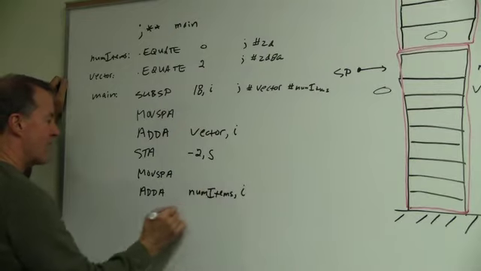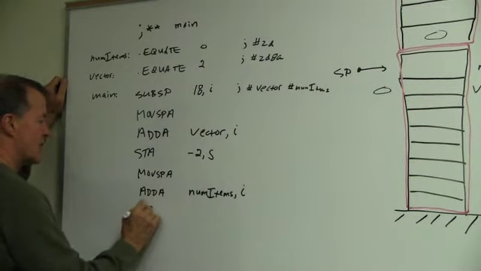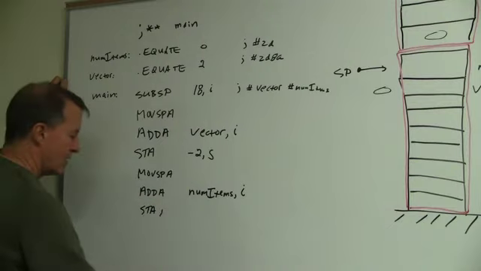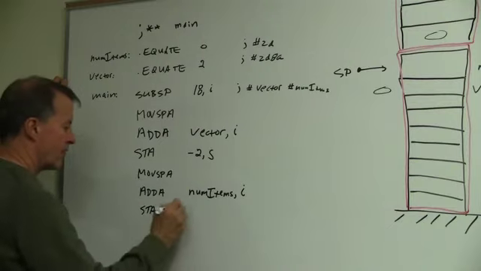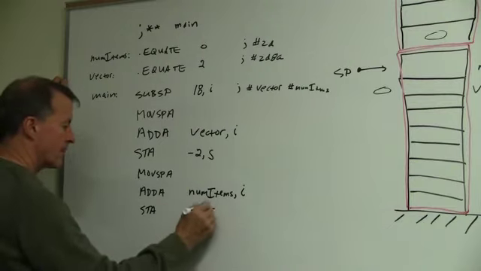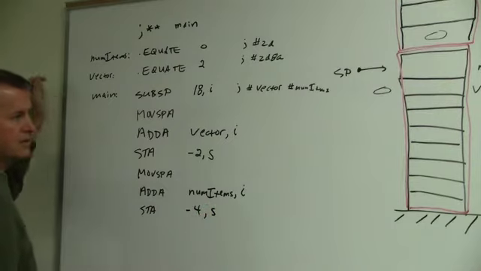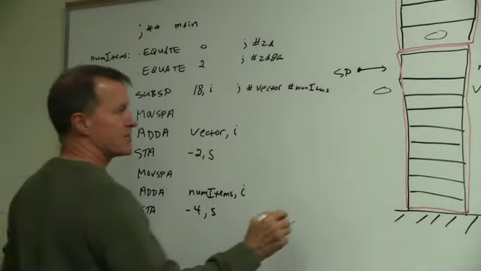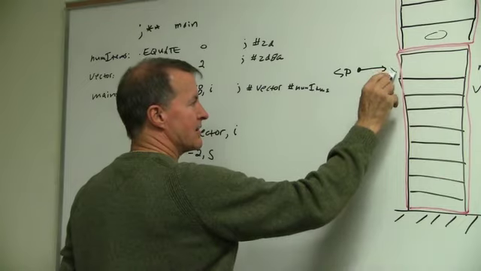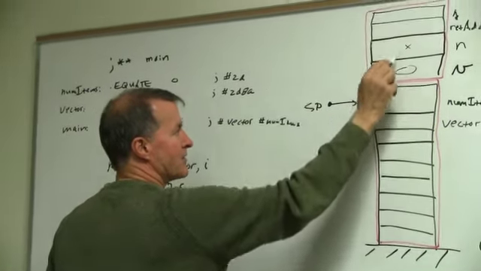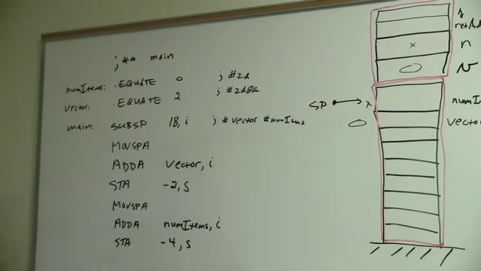Yeah, you're just adding 0, but this is good self-documentation, right? Just to show that we're pushing the address of num items onto the stack. And then store accumulator -4s, because you see n is 4. So if that x is the address of num items, then that address x is going up to n.